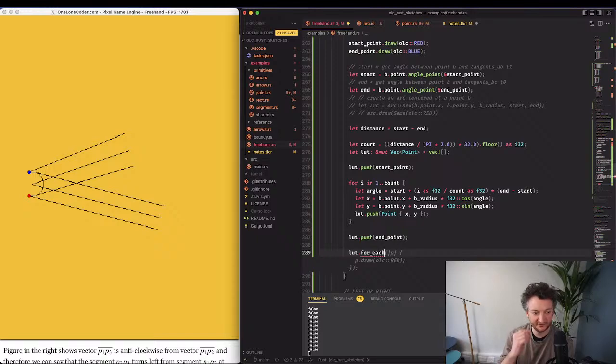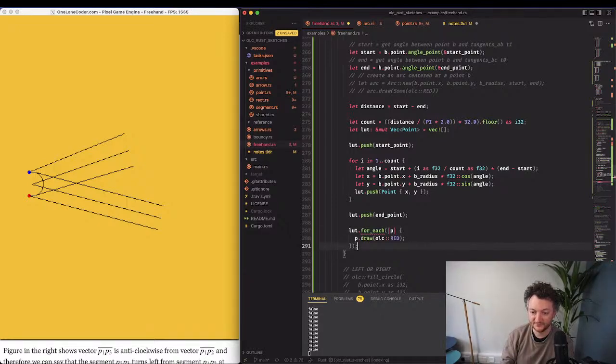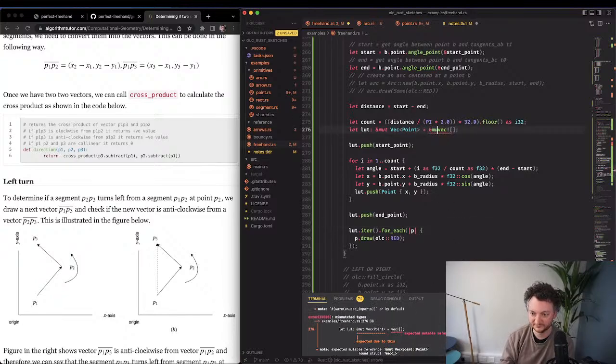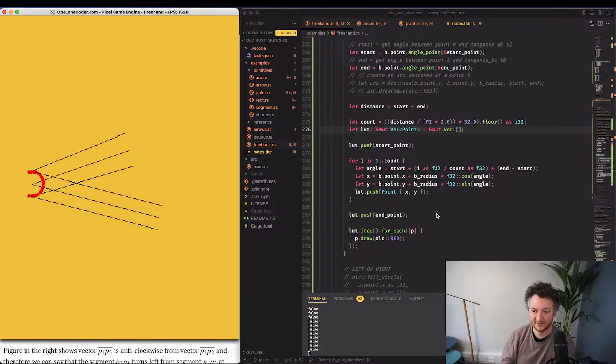Yeah, I am. Continuous arc between blue and red. But I'm getting the sweep flag wrong. We're drawing the wrong side of the circle. So that's where we're at. Right.